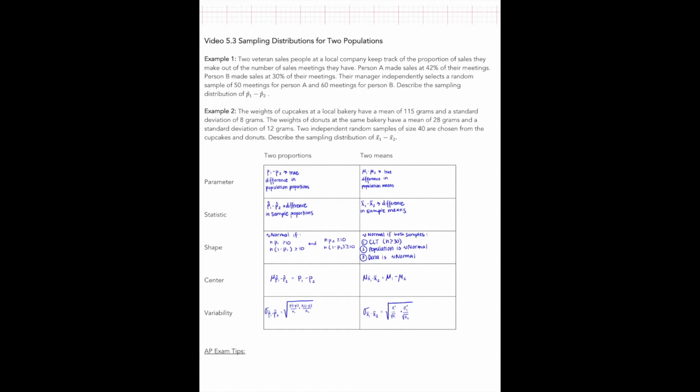So they told us that this is already 2 proportions. So what we have here is that they gave us our parameter already. So p sub 1 minus p sub 2.